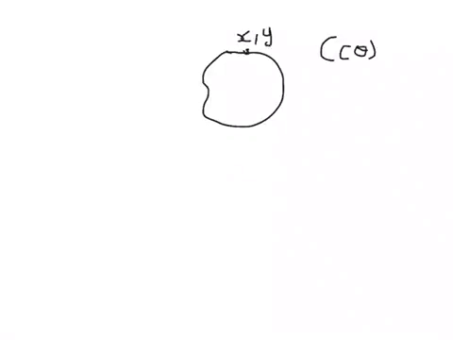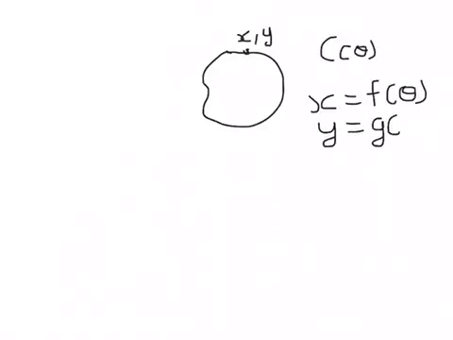So let's say we have this curve, and let's call that curve C, and it is parameterized by a variable theta. By that what I mean is, if this is a point in the curve and it is defined by x and y, then x is given by some function of theta, f of theta, and y is given by some other function g of theta.